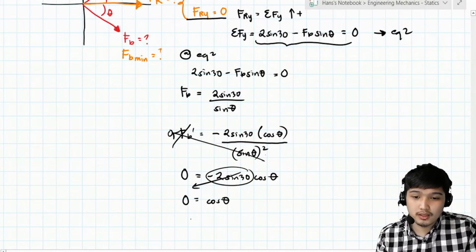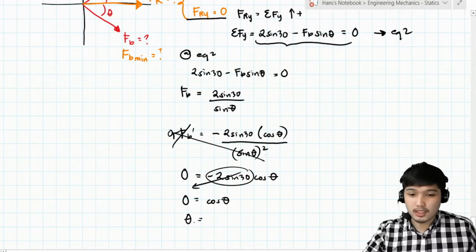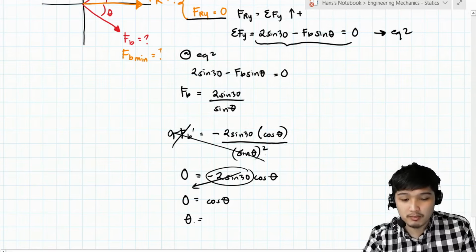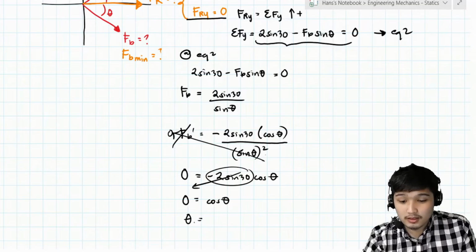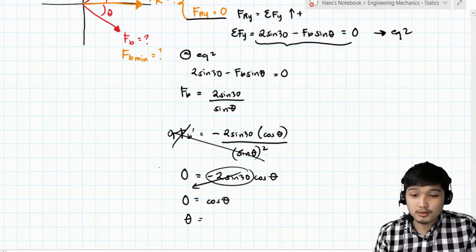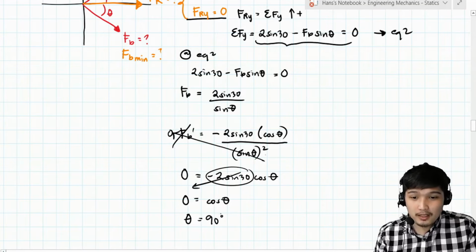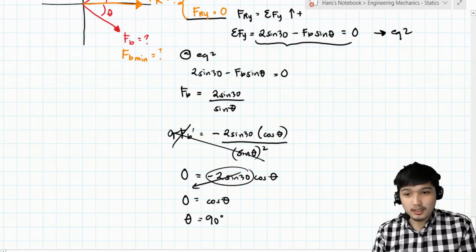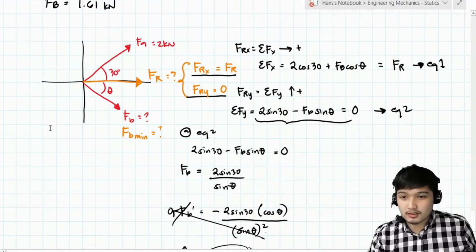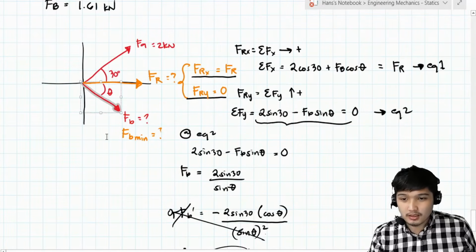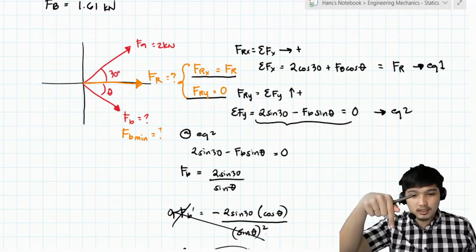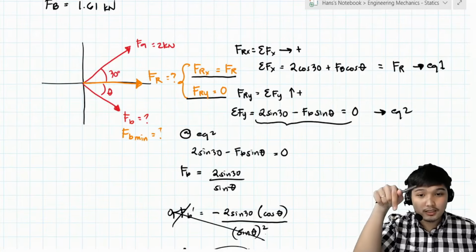Therefore, theta now is equal saan dapat, class, para maging minimum siya? Sige, kakalkulahin ko pa, class, kasi gusto ko sure. So, dapat yung theta must be equal sa 90 degrees. Okay? Ibig sabihin pala, class, etong FB dapat totally directed siya downward.